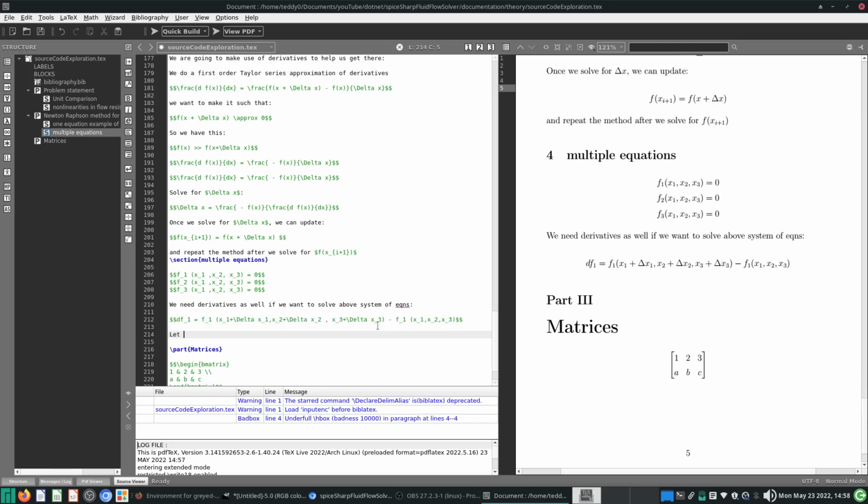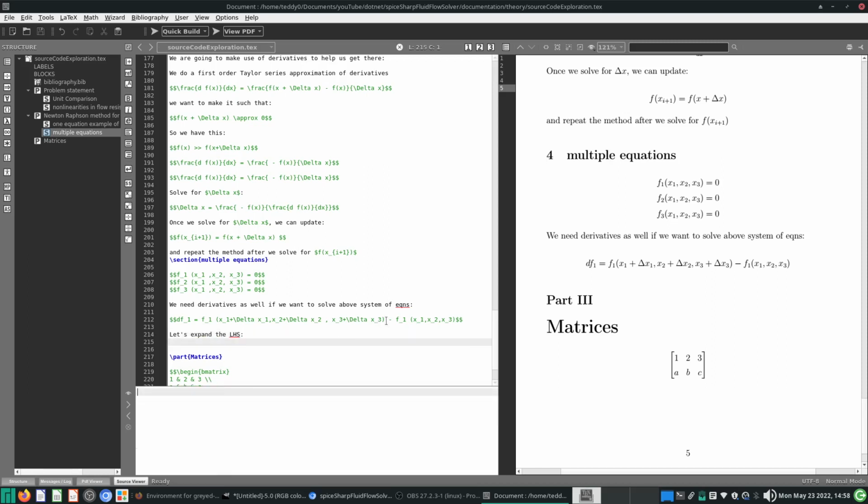Now let's expand the left hand side, and this will need some partial derivative calculus as well. This one I assume you know, so I'm not going to do it. So partial f1 over partial x1 times delta x1. How are we going to solve for this?